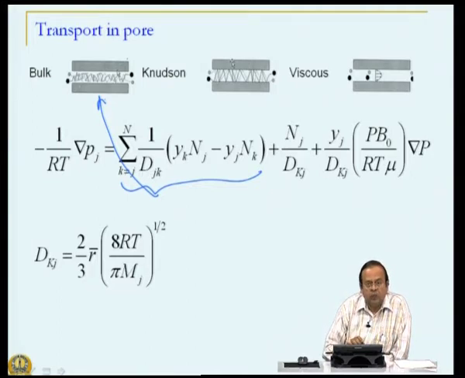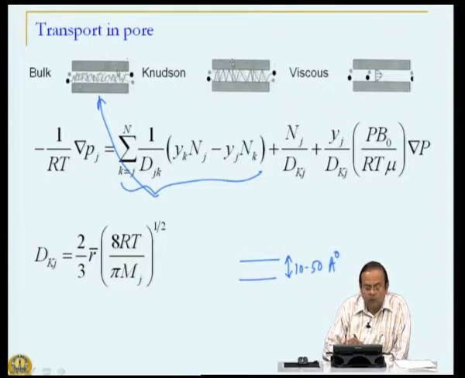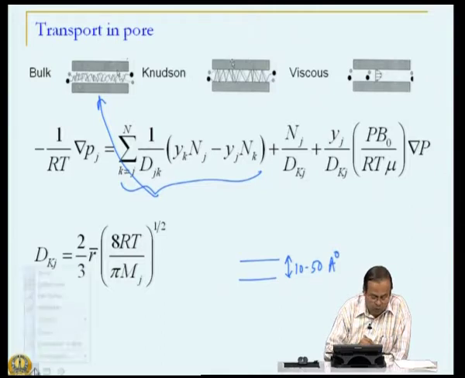But it turns out that if your pore size, for example, is of the order of 10 angstroms or 50 angstroms of that order, then the likelihood that one gaseous molecule will interact or hit another gaseous molecule, so molecule to molecule contact, is much smaller than the gaseous molecule hitting the wall of the pore.